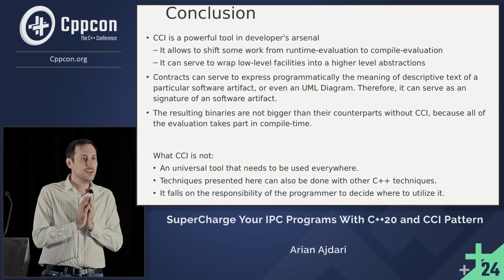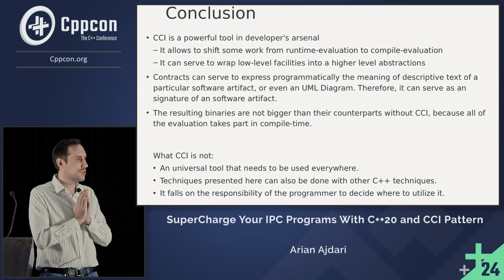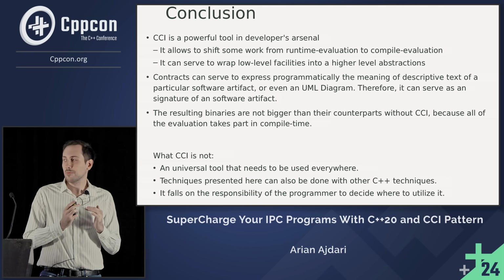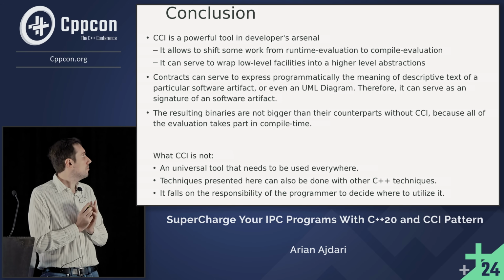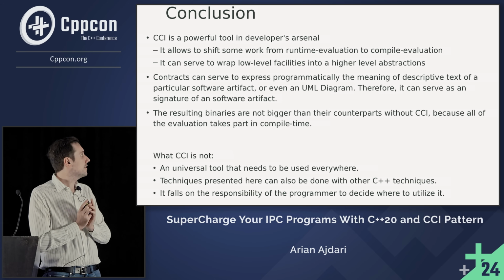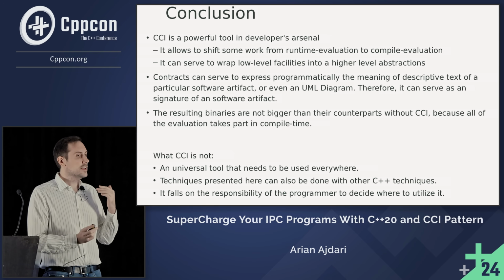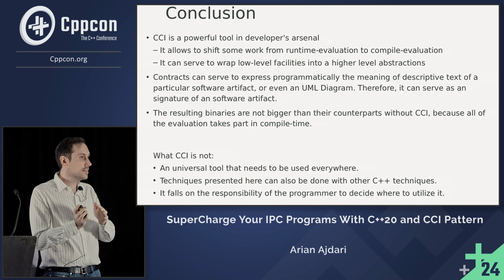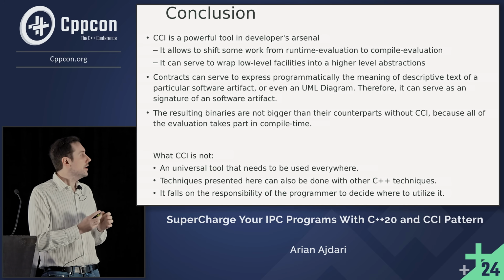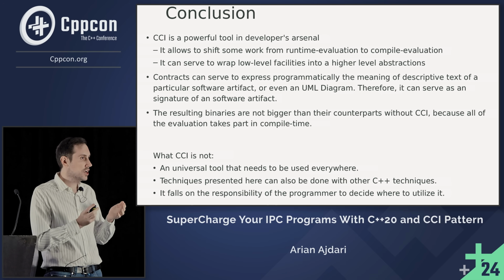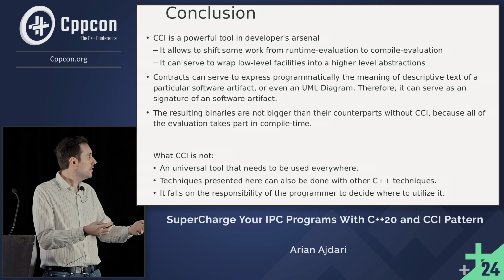So I think it's now time to make a conclusion and to try to understand what we learned from the CCI. So I think we got a good understanding that CCI is a powerful tool in developers' arsenal. It allows us to shift some work from runtime to compile time. It can also serve to wrap low-level facility functions into higher abstractions with applied constraints.